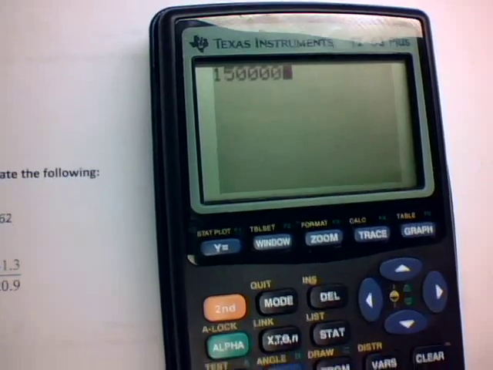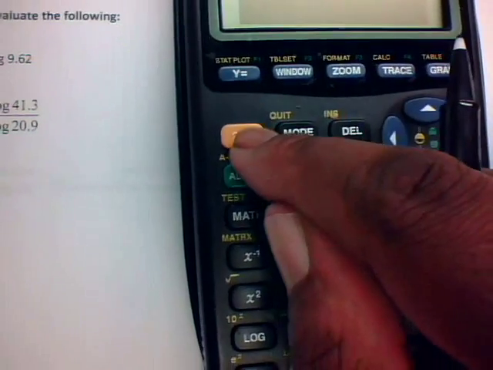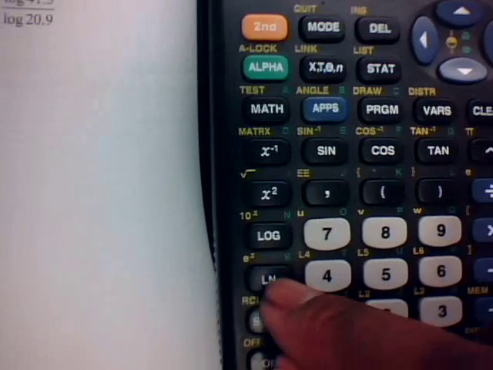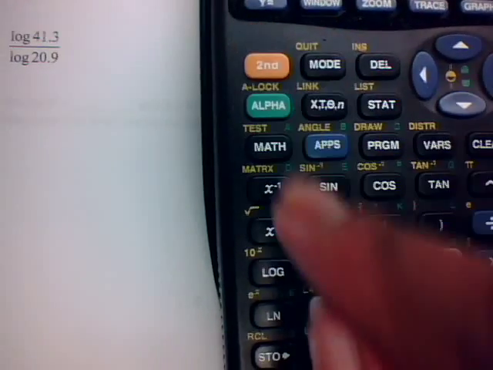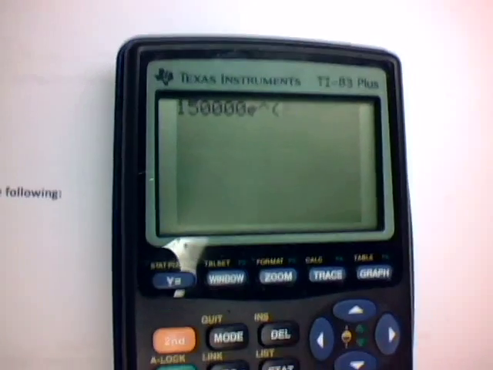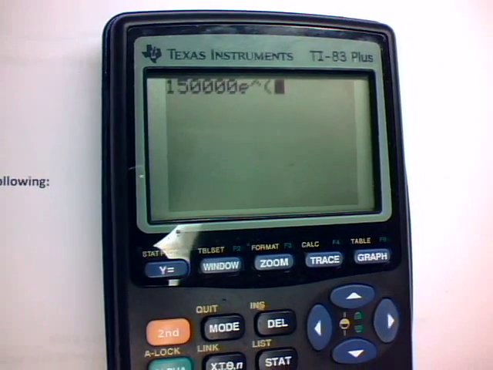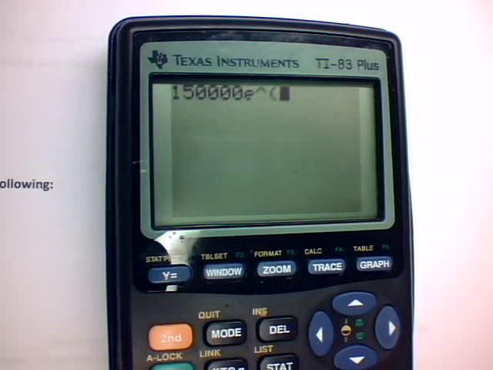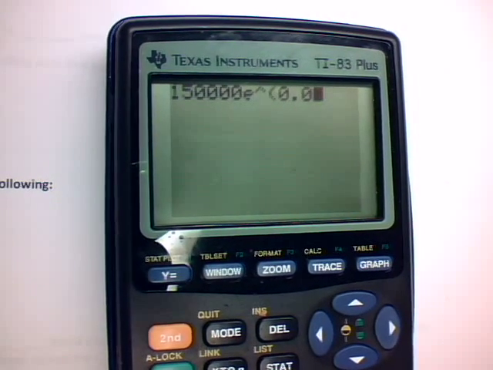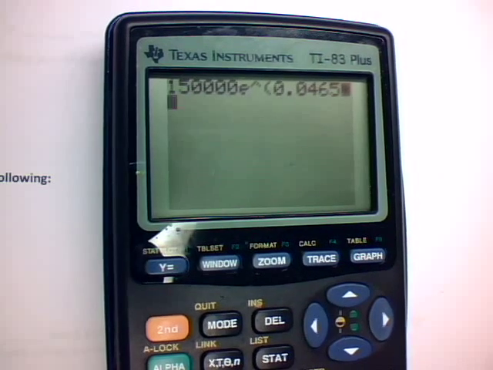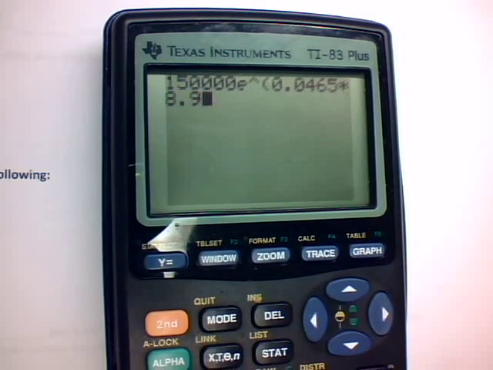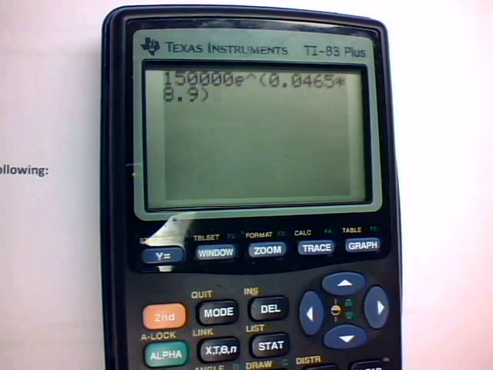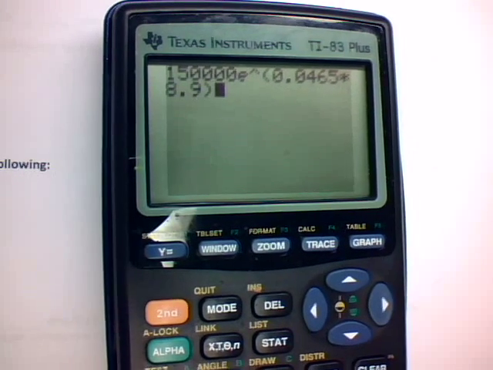Now for the e, if you recall, we use second and the ln key. Second ln for e to the x. And you should get e to the caret with the left parentheses there, and then you can type in 0.0465 times 8.9, close parentheses, and then hit enter.